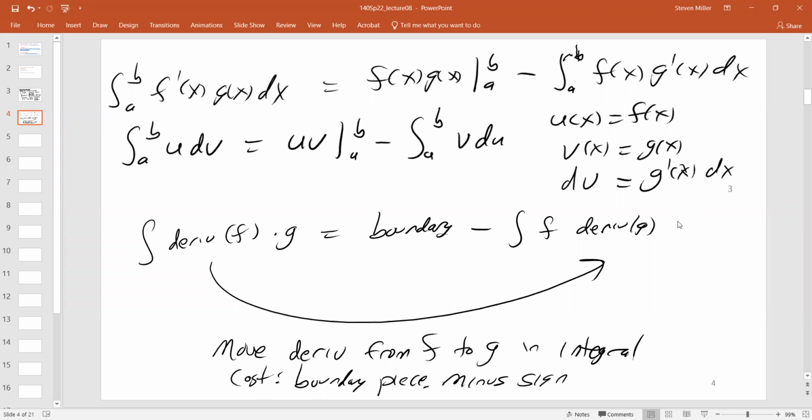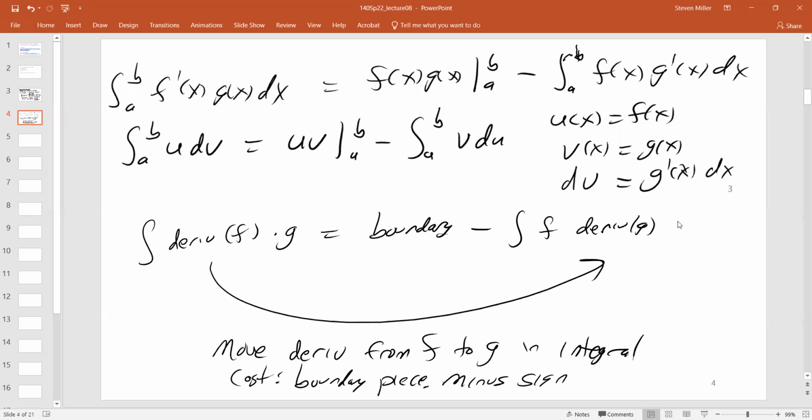That's a very high cost. I'm not quite willing to do this. Well, all I have to do is evaluate f of x g of x at b and subtract f of x g of x at a. Not a big deal. And I have to have a minus sign in front of the next integral. Again, not a big deal.